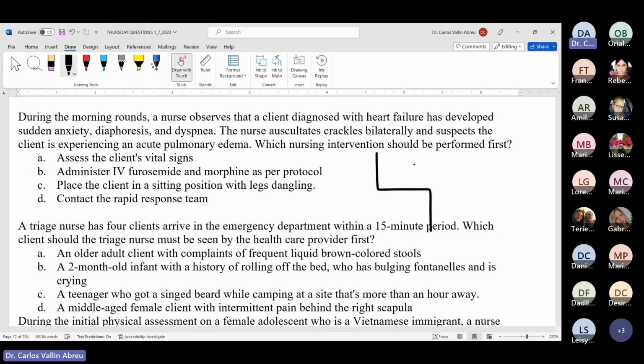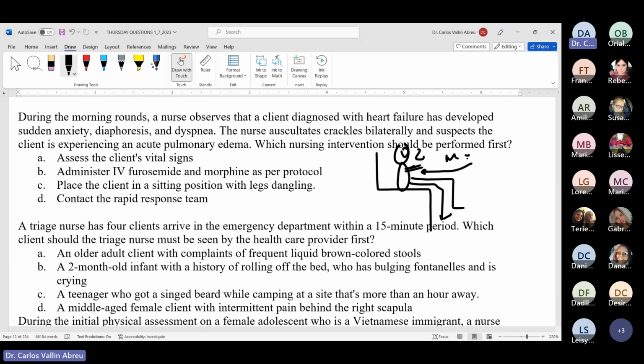Sit the client. This immediately relieves the dyspnea. And then next, put oxygen. Part of the treatment of pulmonary edema is morphine, because it alleviates the shortness of breath, but also because it's a potent vasodilator, it decreases the pulmonary capillary pressure, and then the leakage of liquid stops.